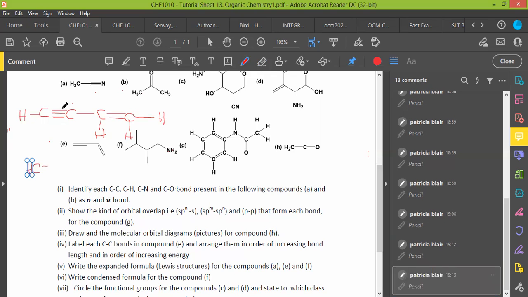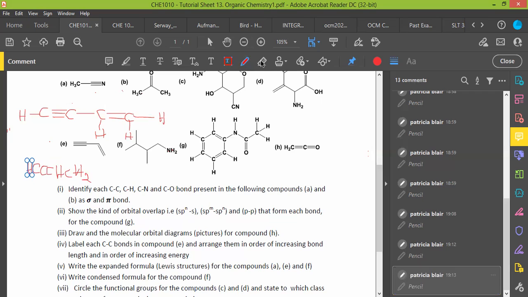You don't need to show the triple bond. You just need to show that carbon atom. Then this carbon atom is followed by carbon and hydrogen, which is this carbon and this hydrogen. And then this comes to carbon and 2 other hydrogens.